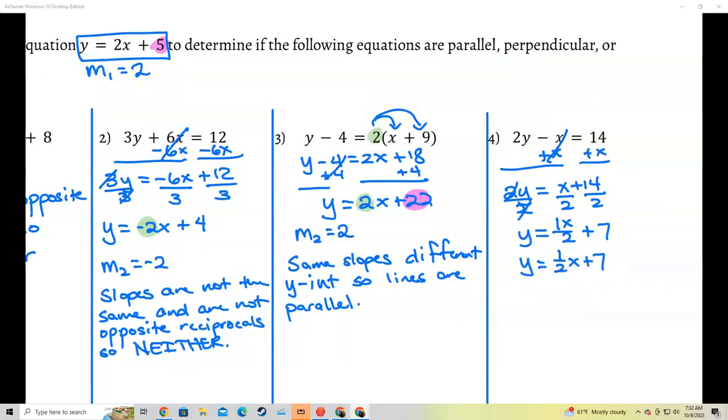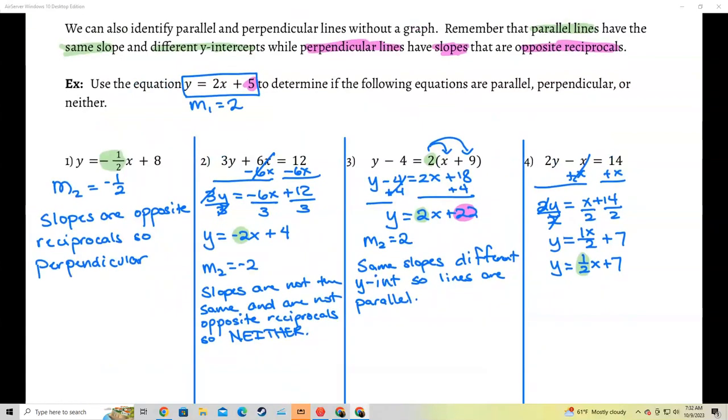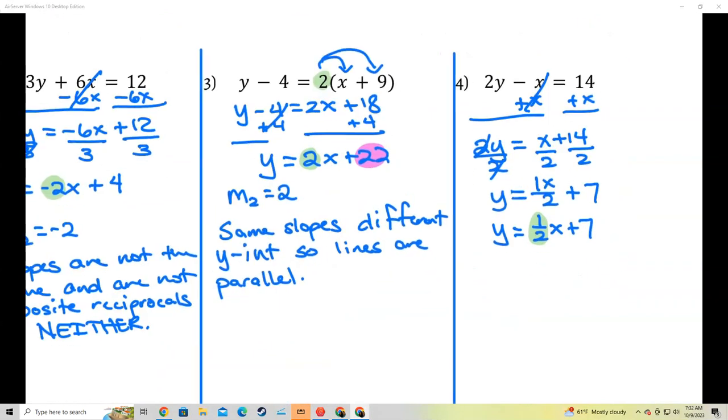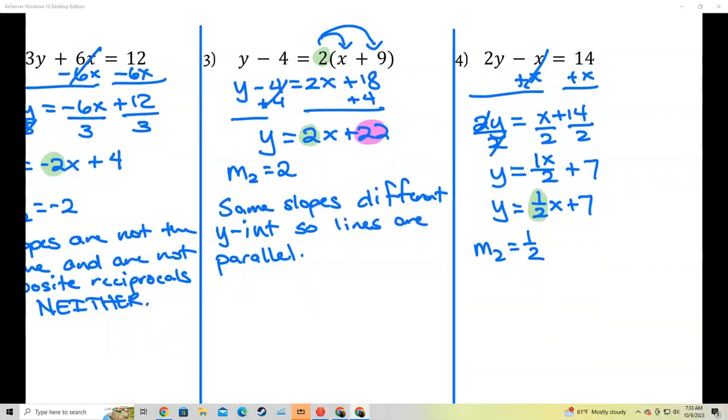So let's take a look at our slopes. The first slope is 2. The second slope is 1/2. Are they the same slope? Obviously not. Are they opposite reciprocals? Well, they are reciprocals because if you flip the 2, it becomes a 1 over 2, but they're not opposite reciprocals because the first one was a positive, second one is the negative.